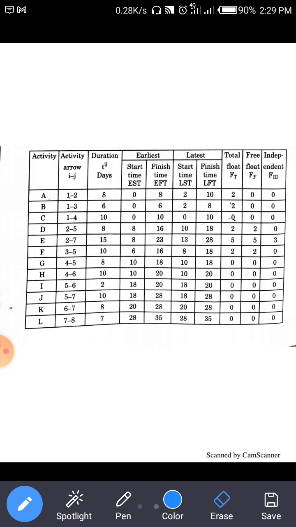Then after that, the free float equation is the earliest starting time of the following activity minus the earliest finish time of the activity. In other words, it is the difference between the earliest finish time of the present activity and the earliest starting time of the successor activity.